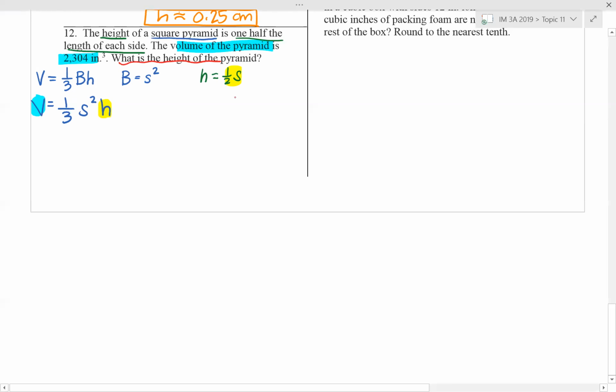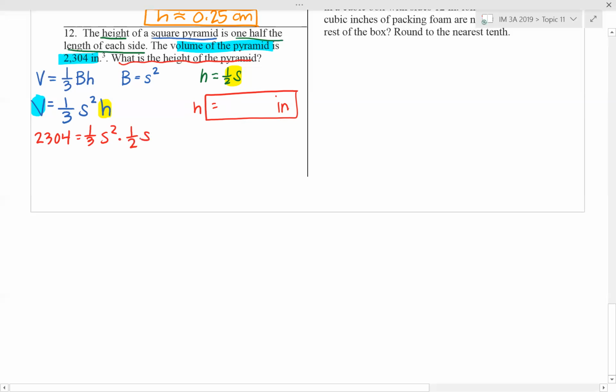Our height is going to be something in inches because we have, excuse me, cubic inches for our volume. So we're going to plug in 2,304 is equal to 1/3 times s squared. And then remember for h, we're plugging in times 1/2 s.